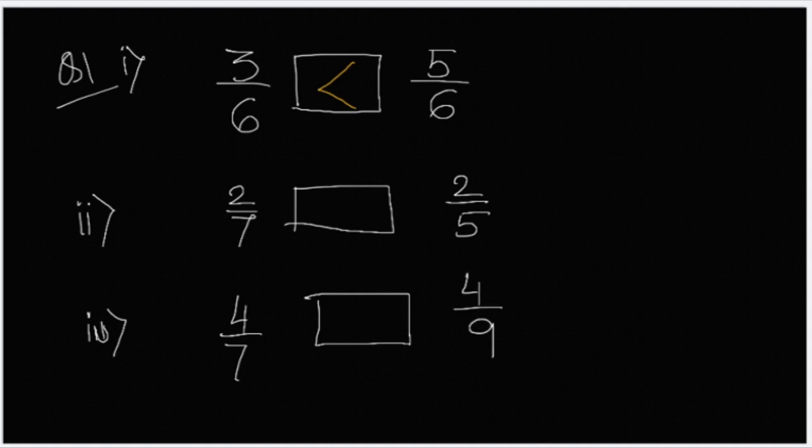So you have to compare them and write down. So same numerator, so the fraction with the greater denominator will be the lesser fraction. Okay, and here the numerators are also again same, so one with the greater denominator will be the lesser fraction.